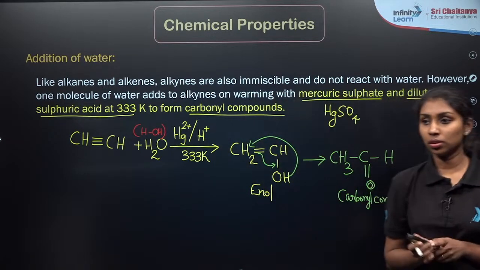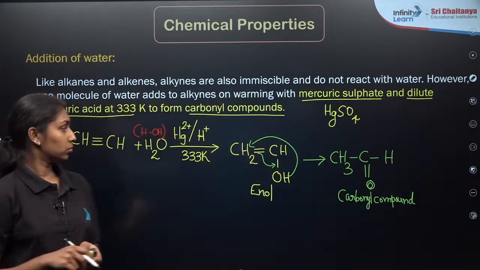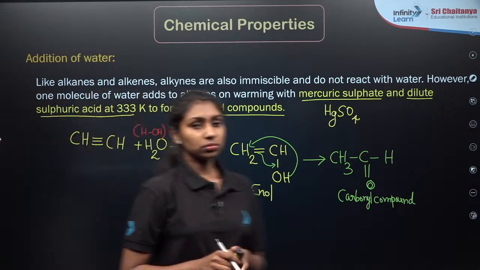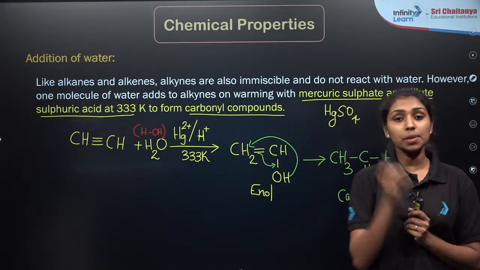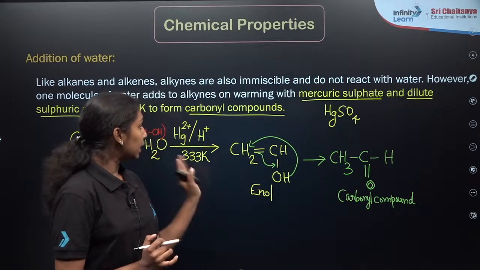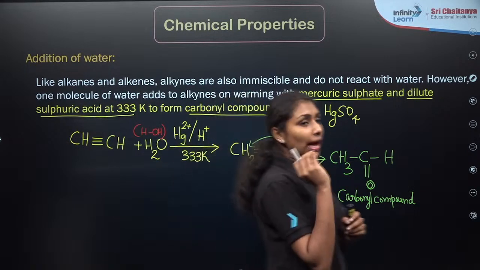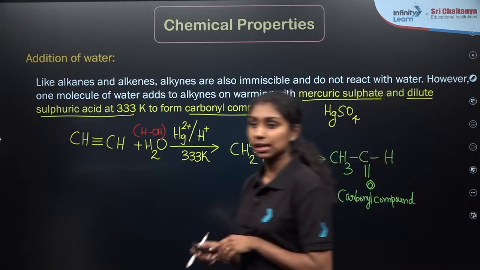Clear? So this is a special type of reaction in which alkynes are reacting with water in the presence of HgSO4, or mercury sulfate, in presence of sulfuric acid at 333 Kelvin. First it will form an enol, then it will tautomerize to form the corresponding carbonyl compound. Is that clear?